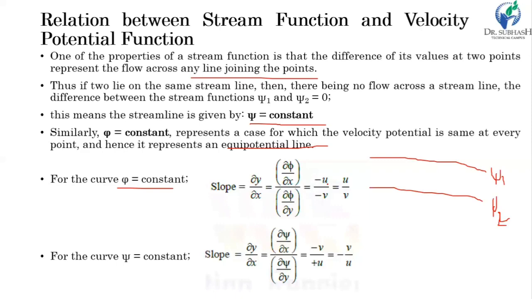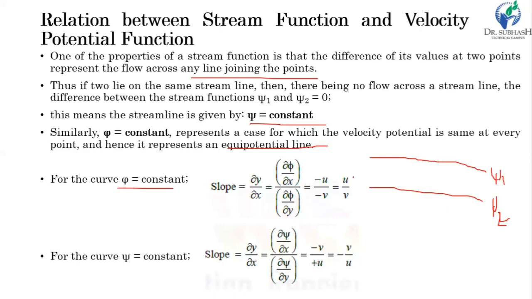In the velocity potential function, we get the velocity when we take the partial derivative with respect to any direction; it gives the negative value of the velocity in that direction. So del phi by del x is equal to negative of u, and in the same way del phi by del y is equal to negative of v.